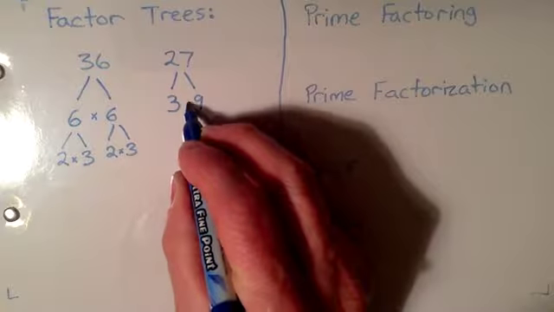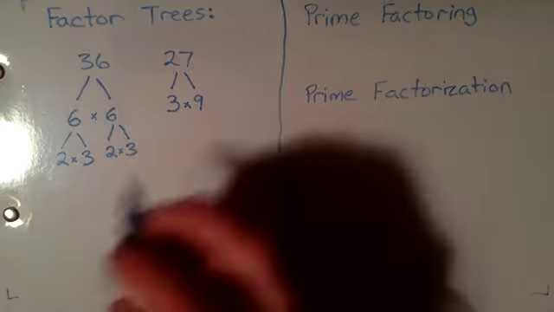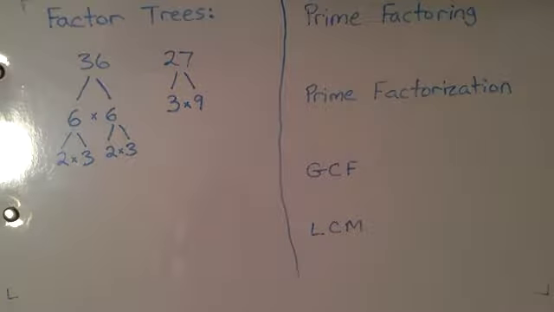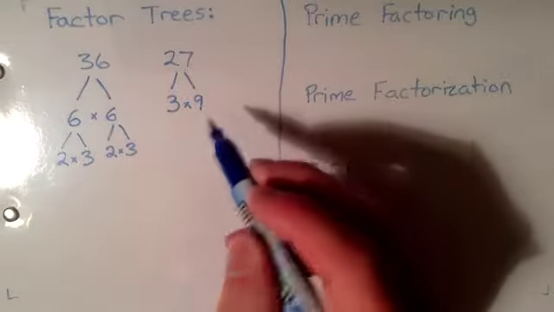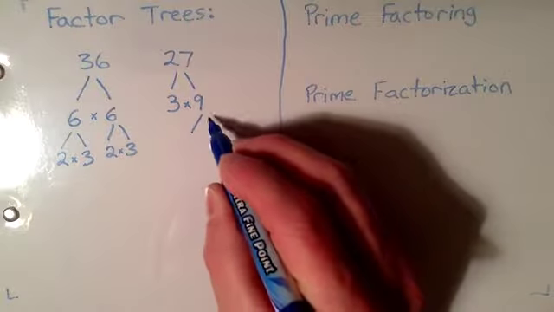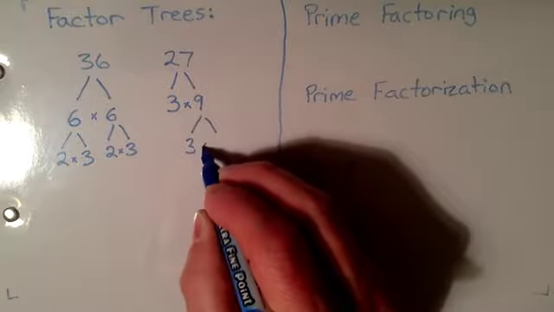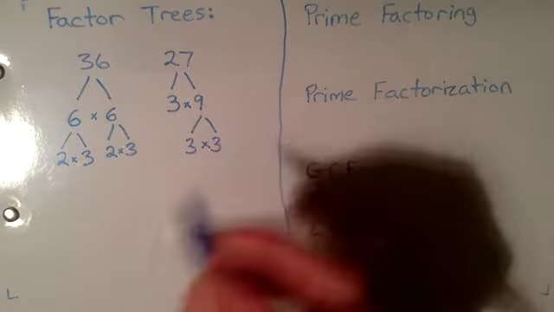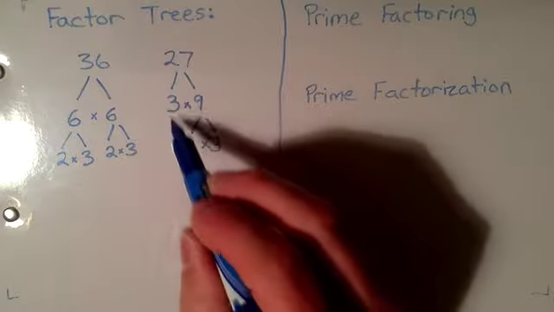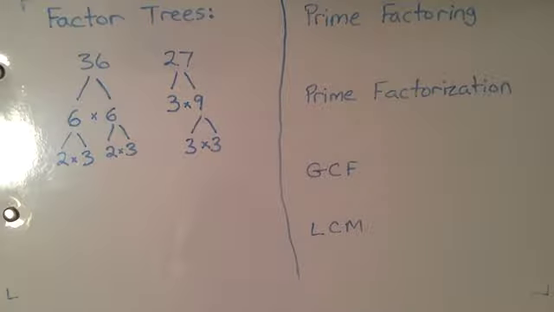So when you have this, 3, as you'll note, is a prime number, so you don't need to break it down anymore. 9, however, is still a composite number, so you still need to break it down. So it can break down into two more numbers, which are 3 times 3. So now you've got all prime numbers at the bottom of the factor tree on this side and at the bottom of the factor tree on this side.